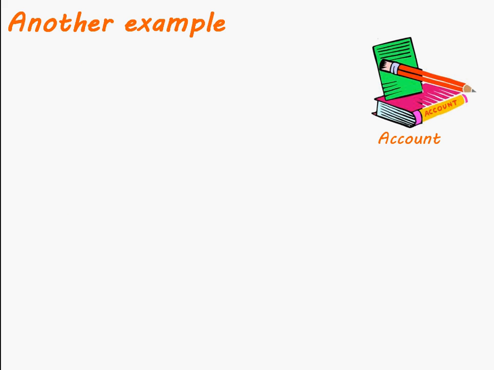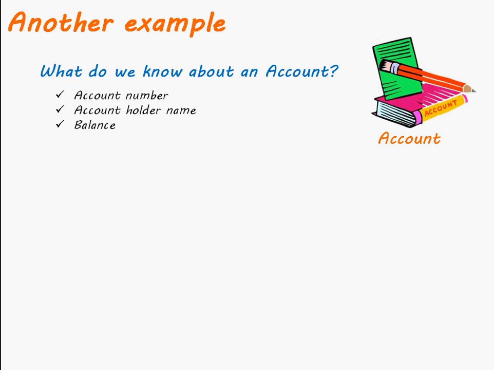Take another example. An account. Remember, an object need not be a physical object. It can be any entity. It can be an account. It can be an organization. It need not be a physical entity. Like what do we know about an account?